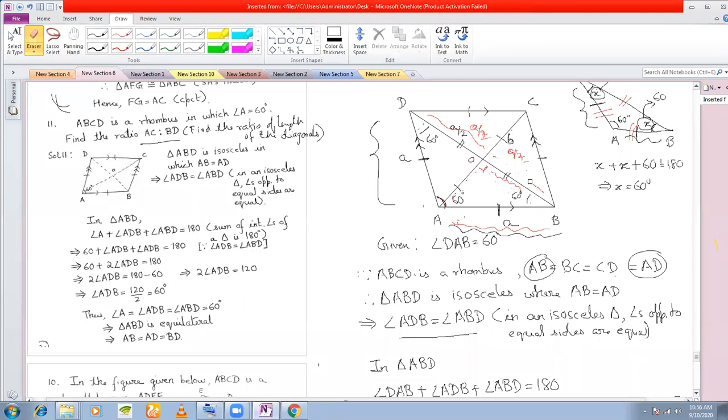This OA part, is which triangle's base? OA is the base of this triangle OAB, this right angle triangle, because this is a 90-degree angle. Yes or no? Yes, sir.